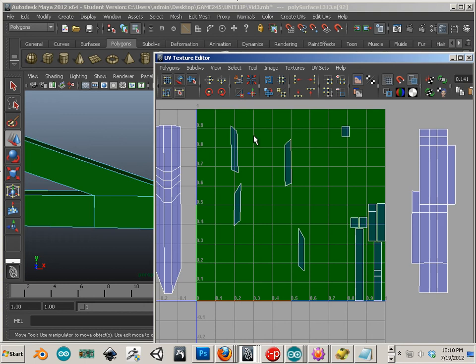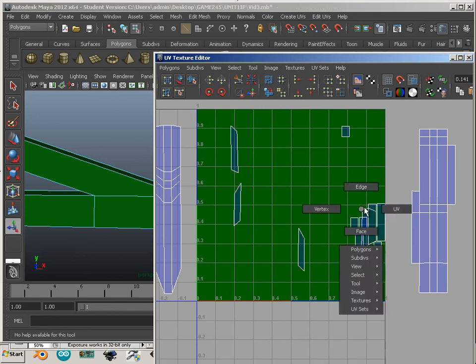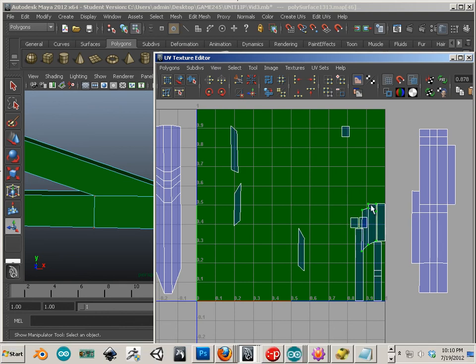Now, I don't want to join any of these to any of these other ones. I want to start bringing these little pieces over. And the beauty of it is it just wants to do what it wants to do, and it'll throw these things all over the place.